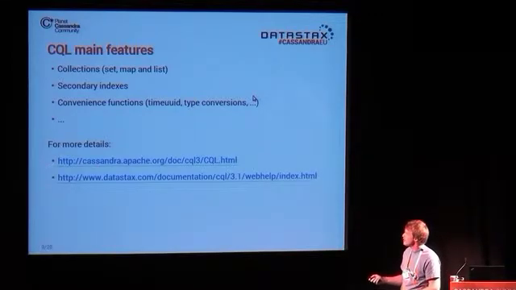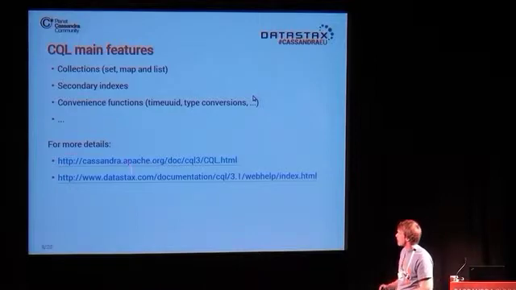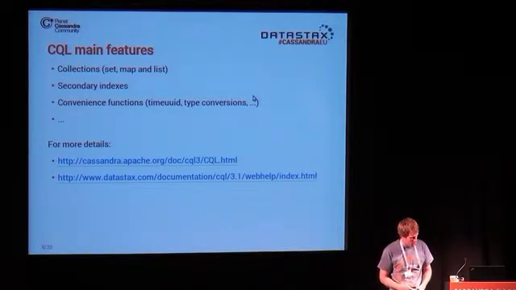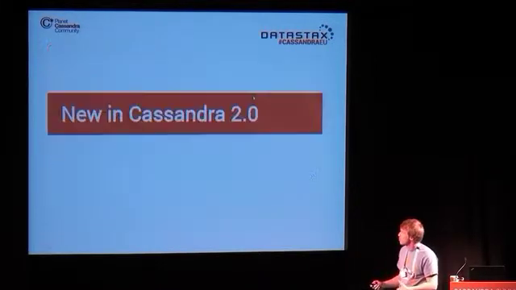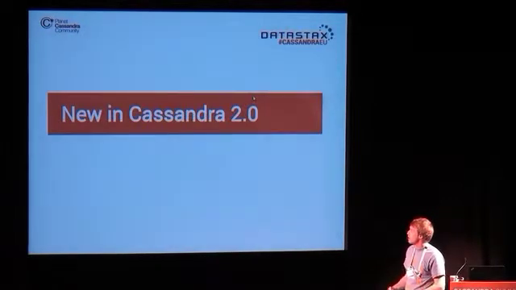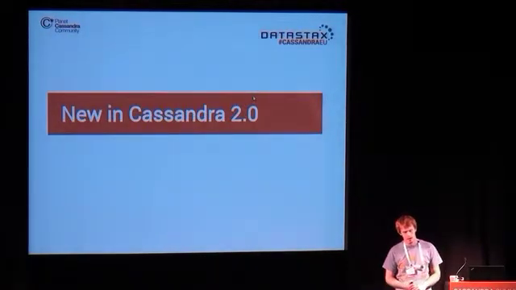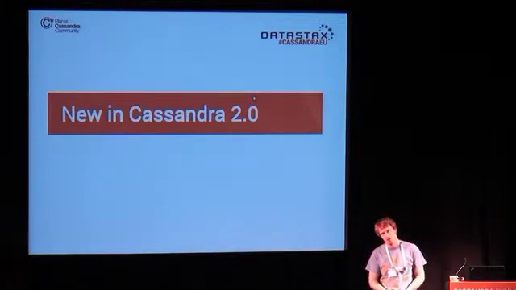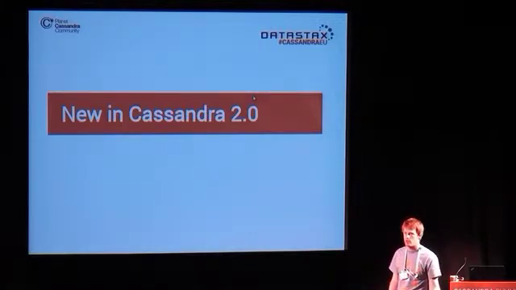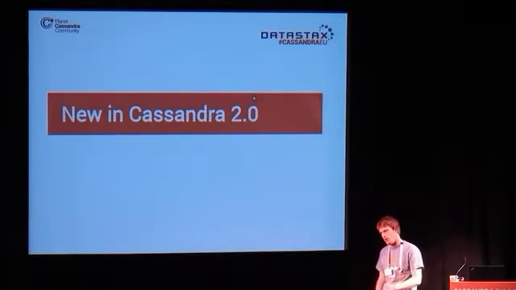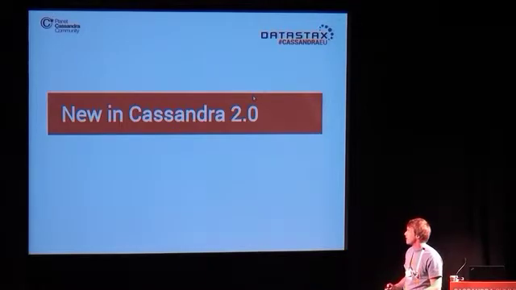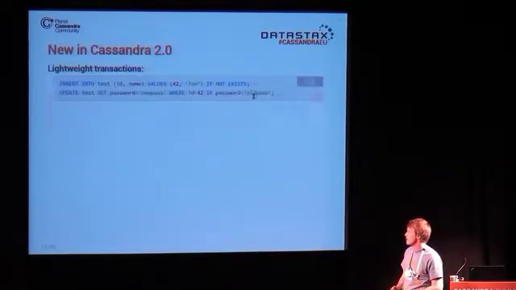Now, if you want more detail on CQL, there are a number of docs here that you should see. But I want to call out the more recent additions to CQL. I want to talk about the features that are new in Cassandra 2.0 on the CQL front. So what did we add to the language in 2.0?